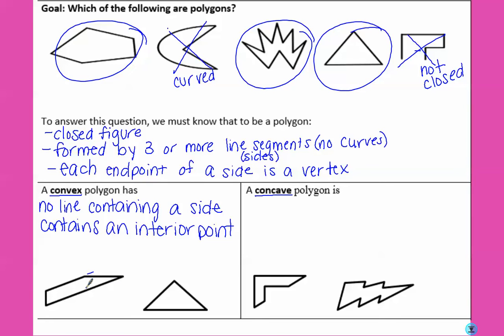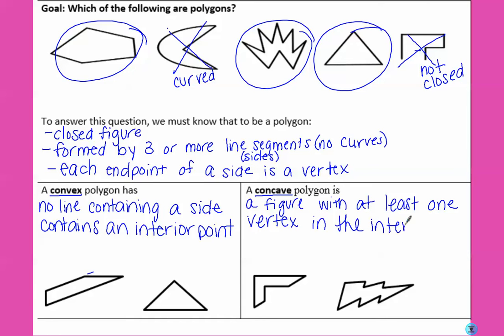A concave polygon means it is a figure with at least one vertex in the interior of the polygon.